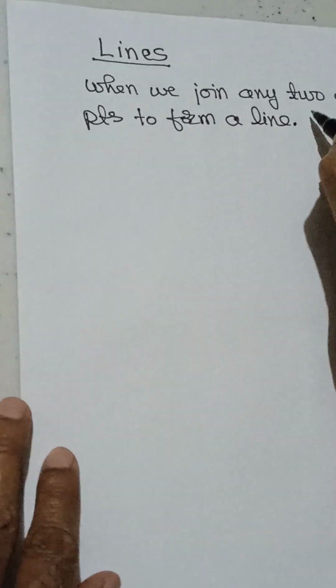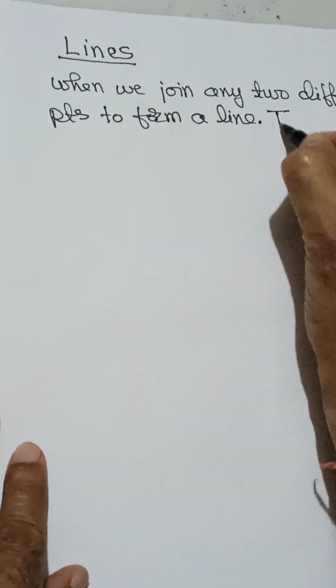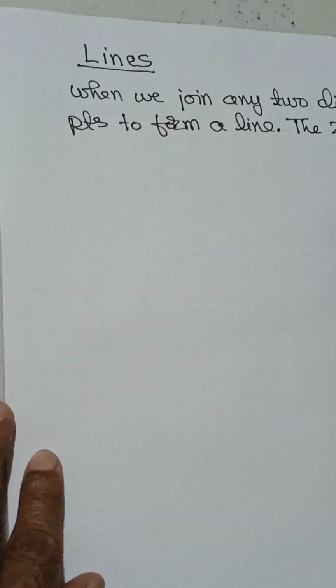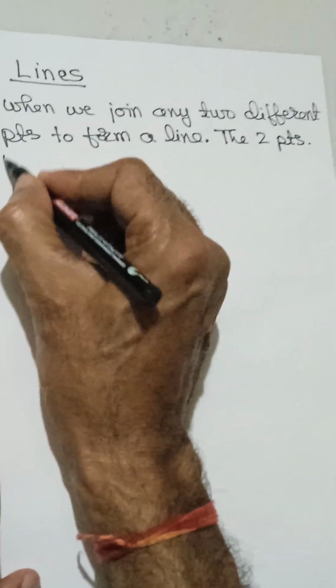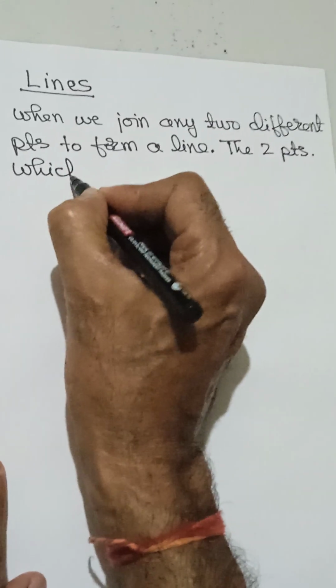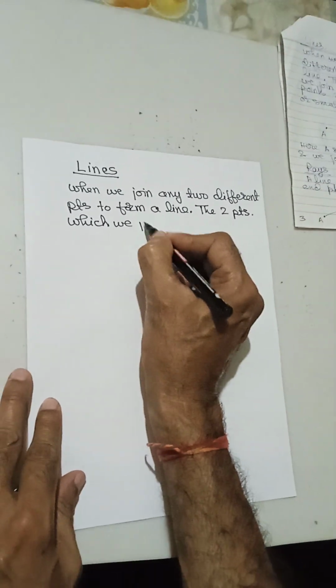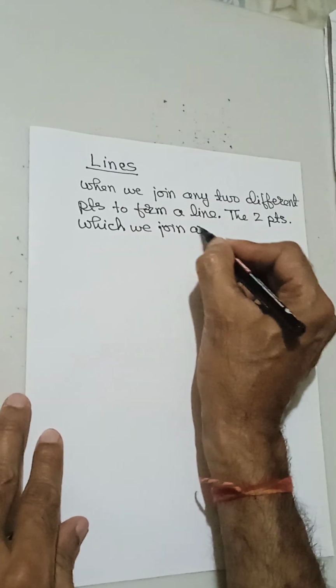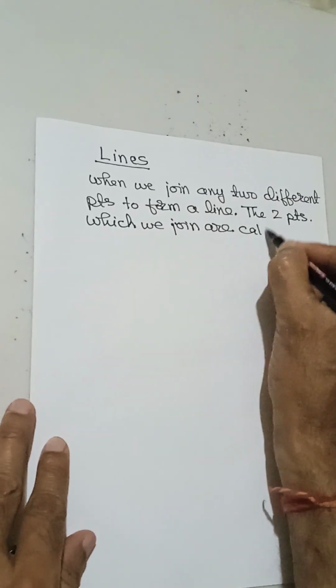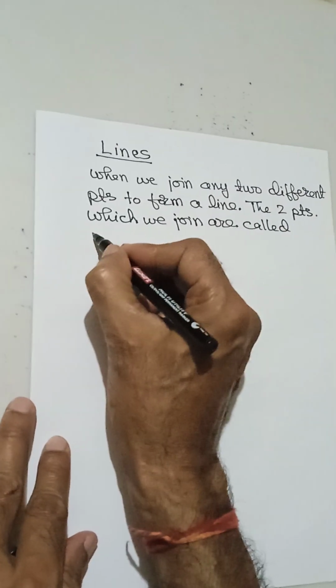The two points which we join are called end points.